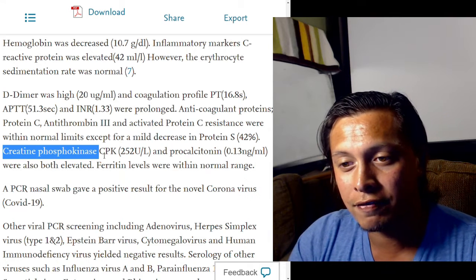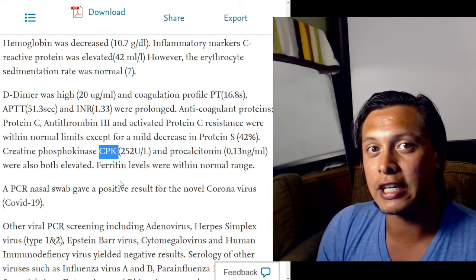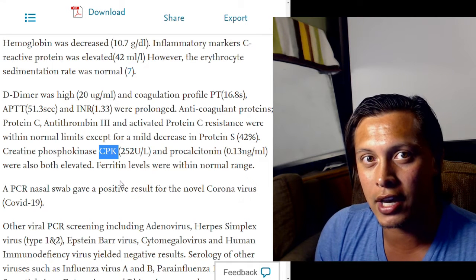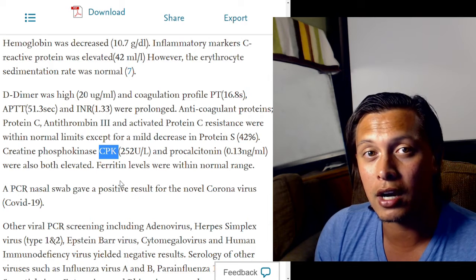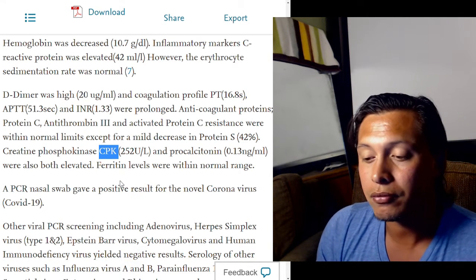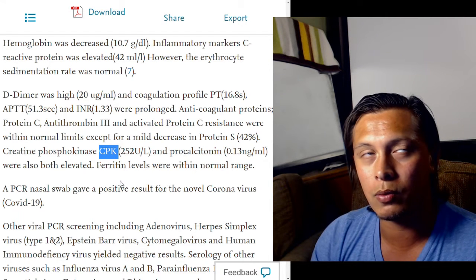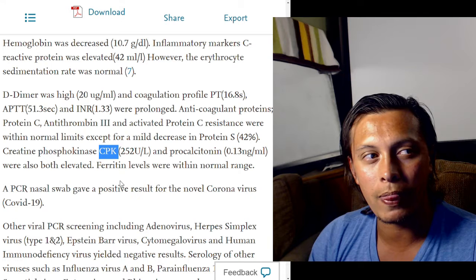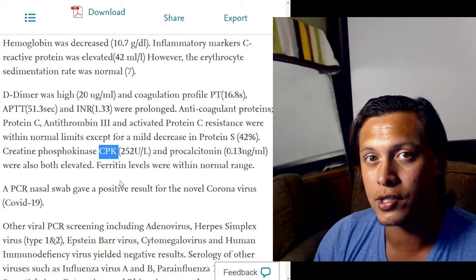And creatine phosphokinase, or CPK. You probably have taken creatine before as a supplement in order to get larger at the gym, get swole. Creatine is part of your metabolic pathways to help maintain energy stores in the cells.